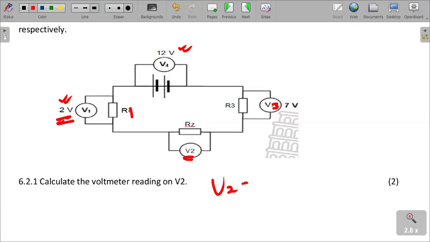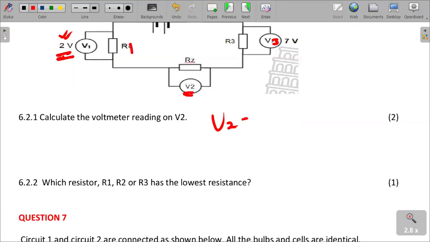That is what we should understand. V2 is equal to 12 volts minus V3 plus V1, so 12 volts minus 2 volts plus 7 volts.